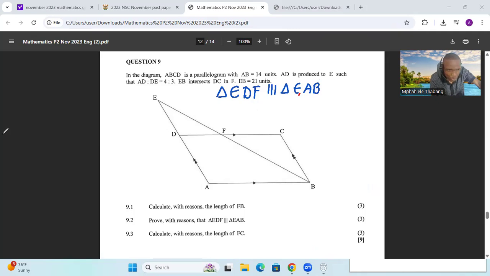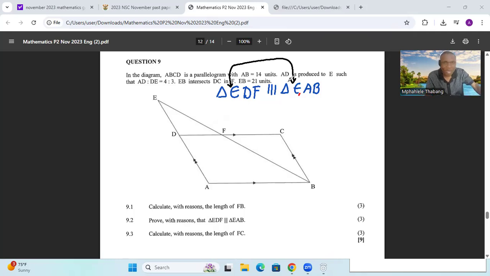So what you do, you look for the first angle. Look for E in EDF and check if it's equal to E in EAB. Those letters that they wrote first, check the equality of their angles. If they started with E in triangle EDF, you take that E and check if it's equal to E in the other triangle, EAB.